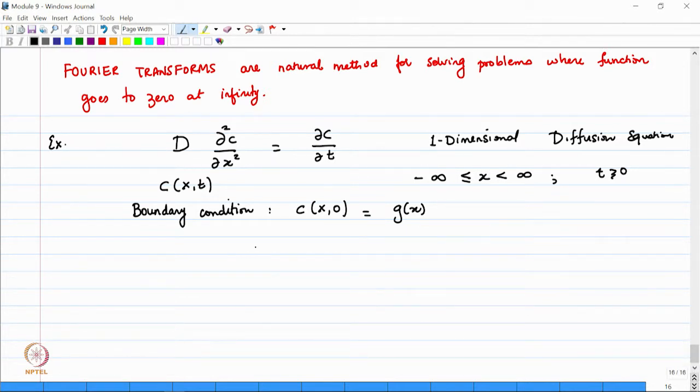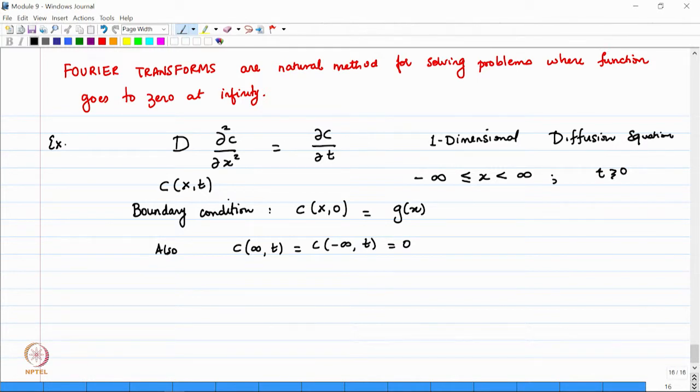Now, notice that c at plus infinity and minus infinity at any time is equal to 0. So basically as x tends to infinity, as you go very far away in space, c, which is typically the concentration of some species, goes to 0.